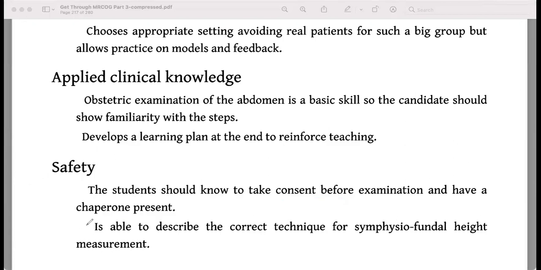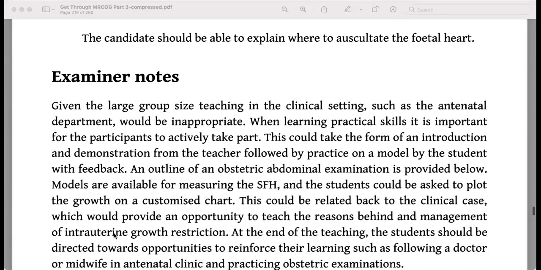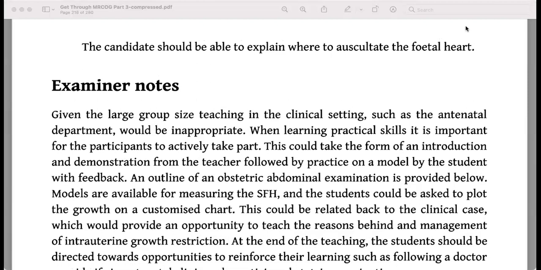So for this point, you can use the skill lab, my dear. This is what you should do. You can use a skill lab, and if it's not available, you can use, for example, a special place in your hospital or in your setting to deliver meetings or teaching sessions like this.